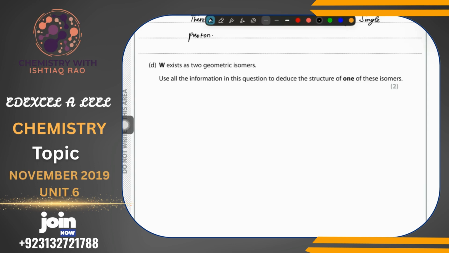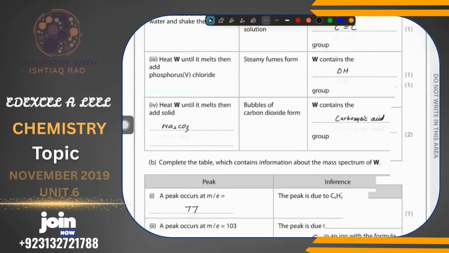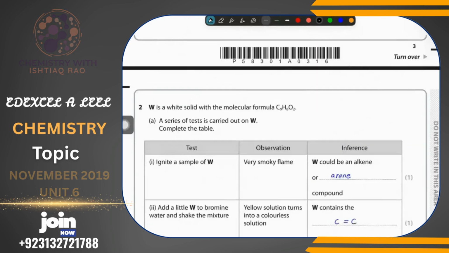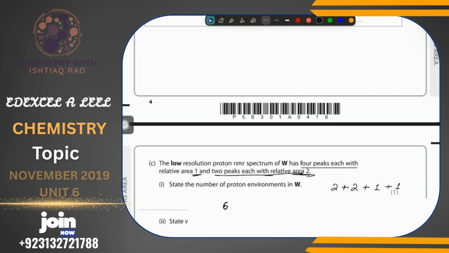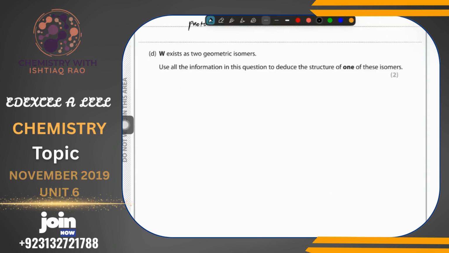You have nine carbon atoms and eight hydrogens. Then we have to justify this formula. If it were an alkene, the general formula is CnH2n, so the hydrogen would be 18, but the hydrogens are 8.